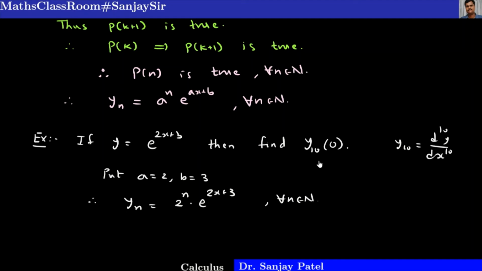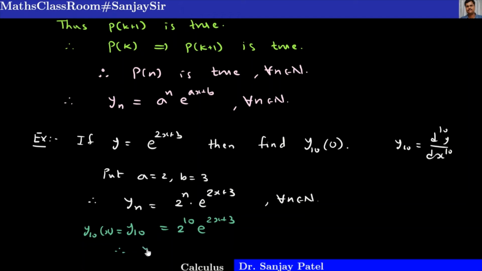What is required here is y10 of 0, means the 10th derivative. First of all, we put n equal to 10. So y10 will be 2 raised to 10 into e raised to 2x+3 at any point. So this is y10, or you can also call it y10 of x, because y10 is a function of x.